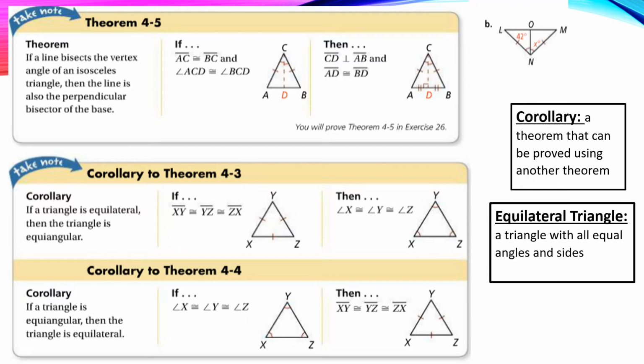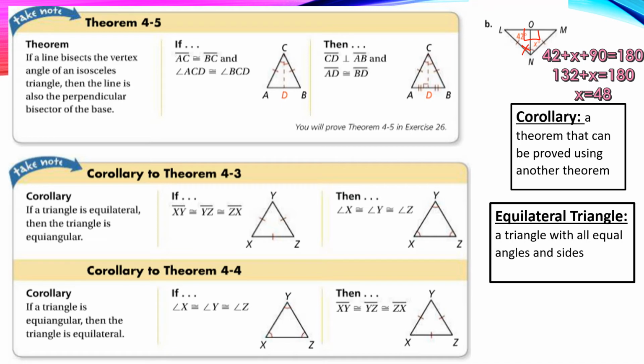We have the two lines congruent, the two angles congruent, so that means this is perpendicular, which is a 90-degree angle. I know that if angle ONM is x, this angle is also x. So I can add all those up, 42 plus x plus 90, set it equal to 180, and then solve for x, which is 48.